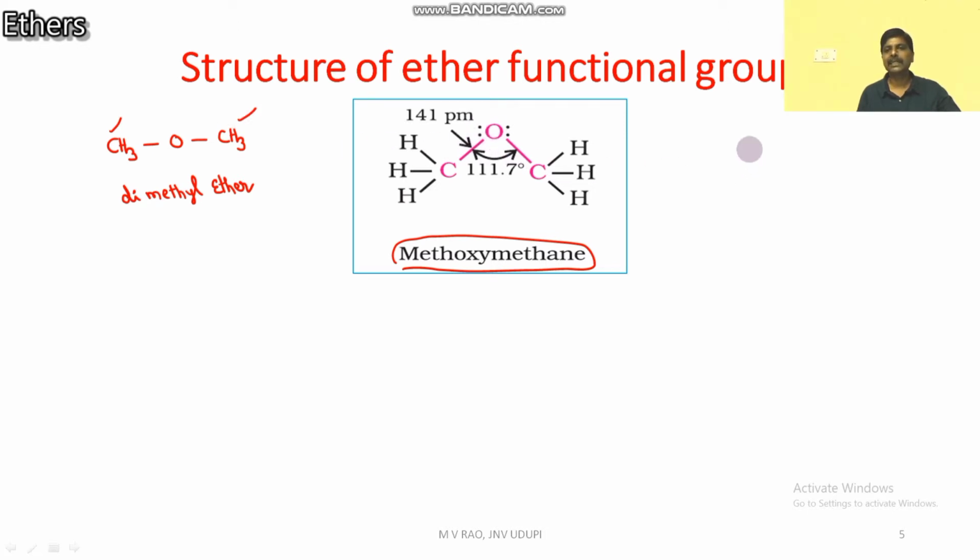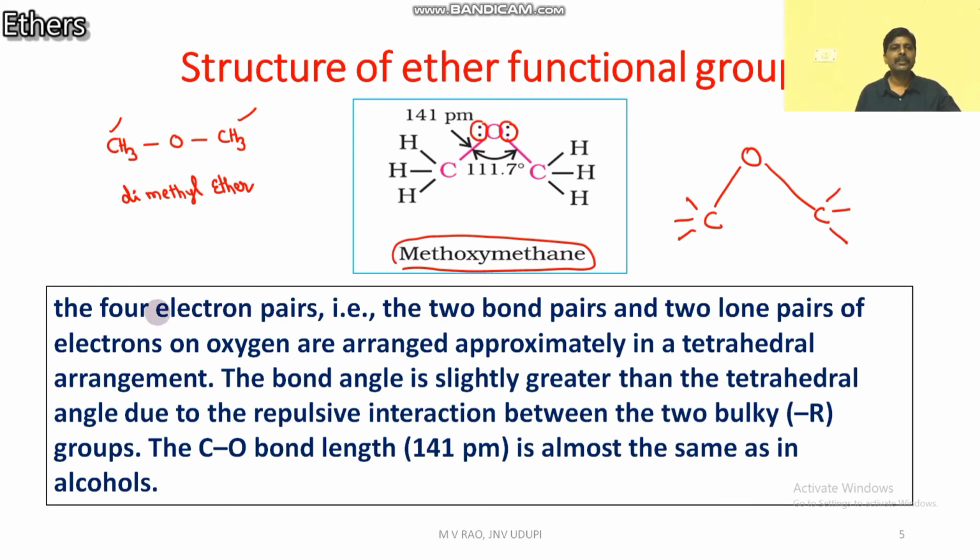This is the structure, O. Here both carbons, this carbon attached with 3 hydrogens, this carbon attached with 3 hydrogens. Here you can see oxygen contains two lone pairs. So the 4 electron pairs, that means 2 bond pairs and 2 lone pairs.